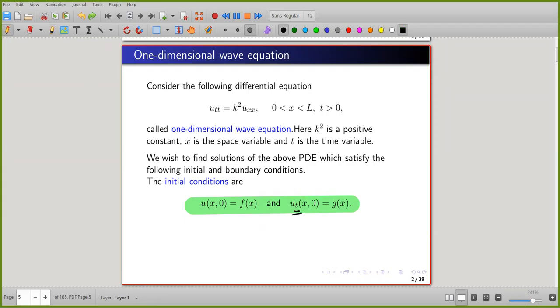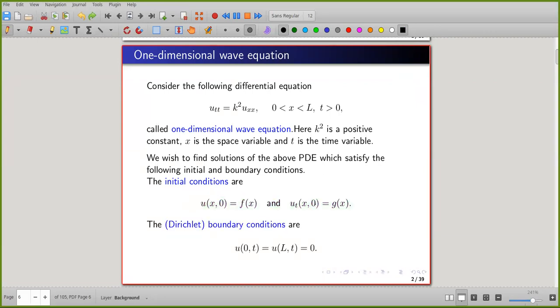This is the t derivative of u. We also have some boundary conditions: u(0,t) is equal to u(L,t) is equal to 0.